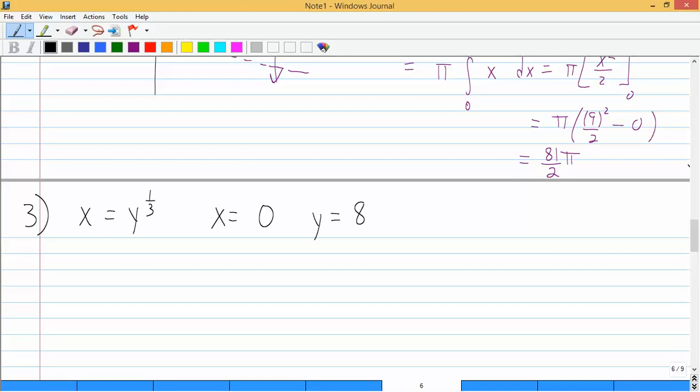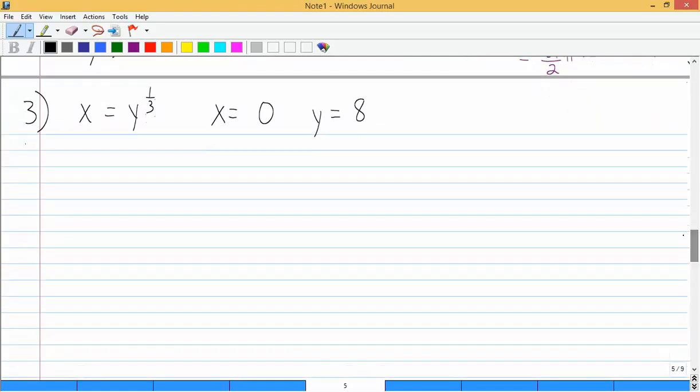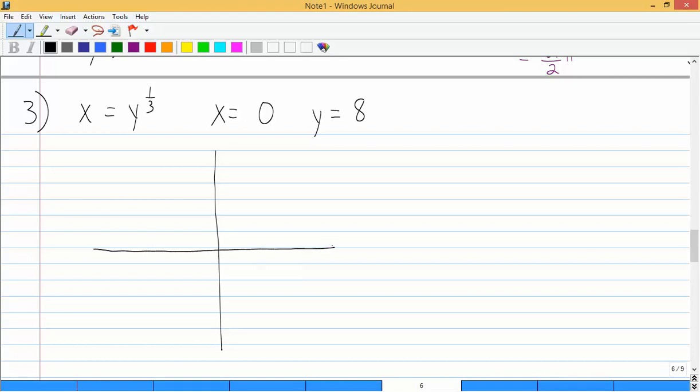Now, if you do need to have y equals x to help you sketch, how would I make this y equals x if I wanted to? You cube both sides of the equation, right? If you cube both sides of the equation, then you would have y equals x cubed. So this graph is going to be the same graph as y equals x cubed. If you do still need to think about this like y equals x, you can use that to help you sketch the graph.